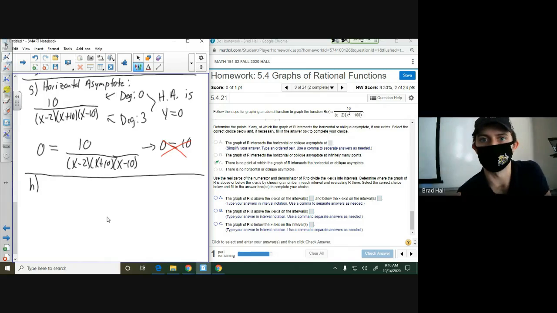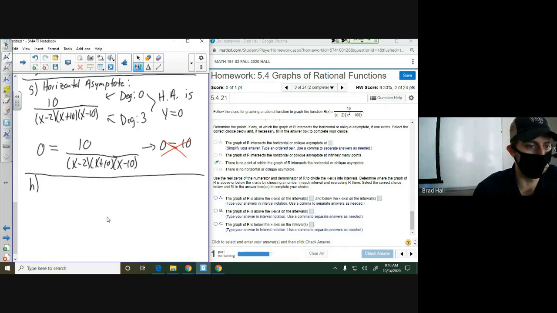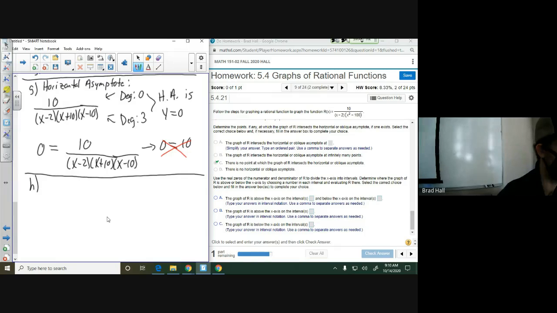So this is saying to use the number line test. And so it says use the zeros of the original expression.